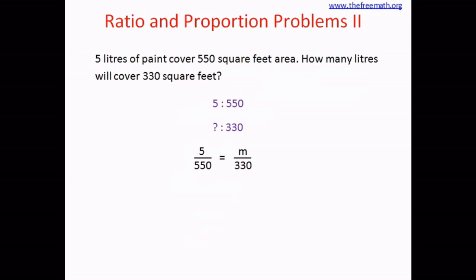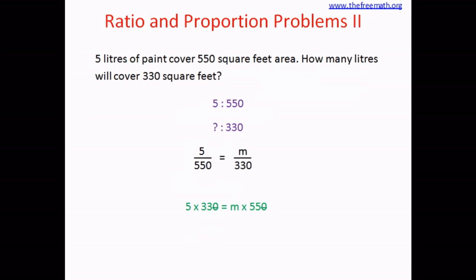We know that the cross products are of the same value. So let's write it down. 5 multiplied by 330 equals m multiplied by 550. Let's cancel out zeros from both the sides. Cancelling out zeros means dividing both the sides by 10. Now when you look at the equation, you can see that both the sides are divisible by 11.